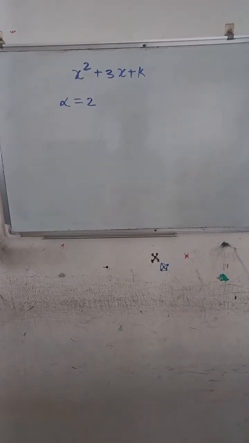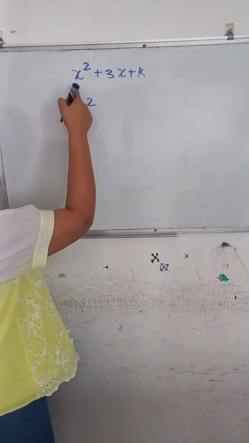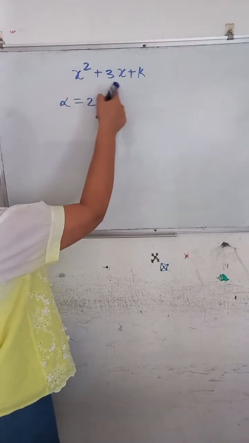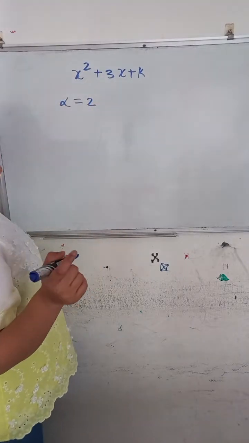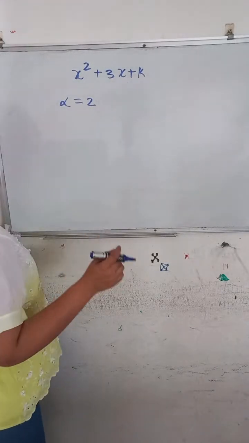Okay, so here one of the zeros is given as 2. Whenever we put this value of alpha, taking this 2 and keeping it in x, we should get 0, but here we will not get 0 directly because we have the value of k.